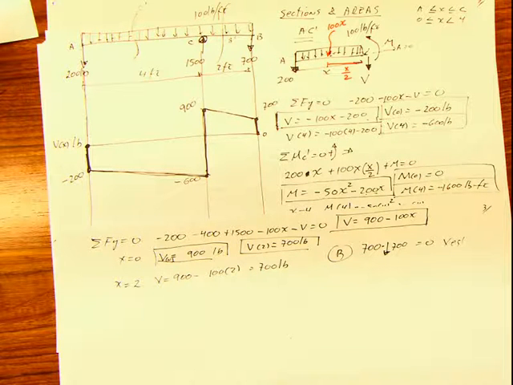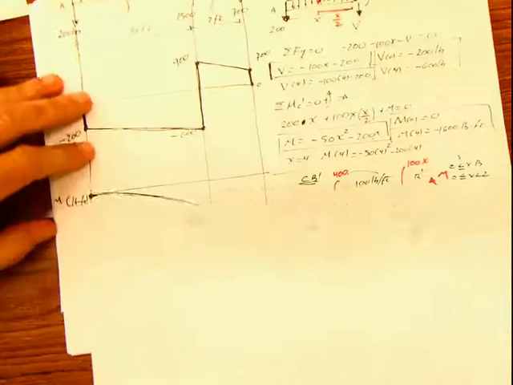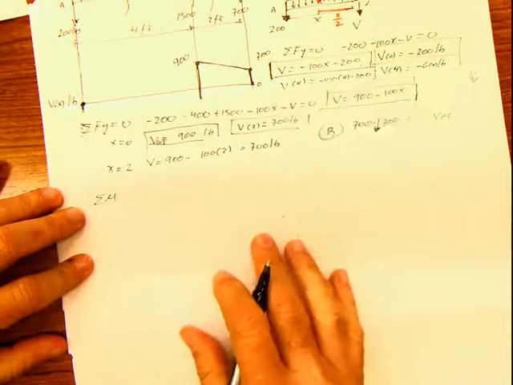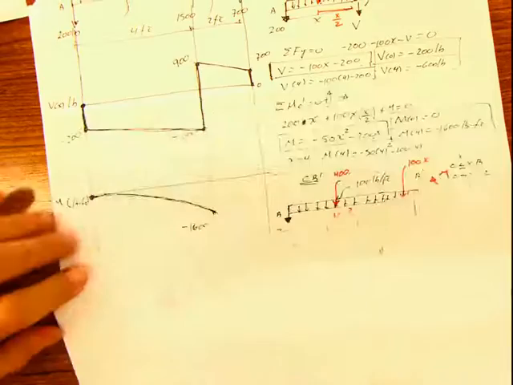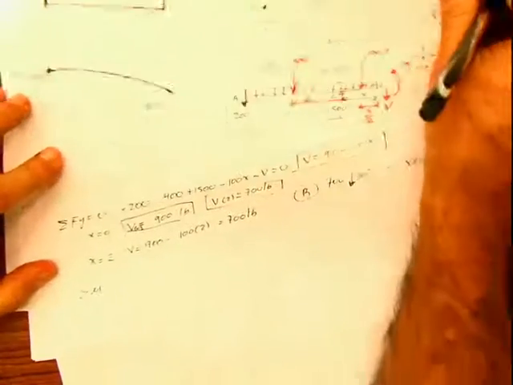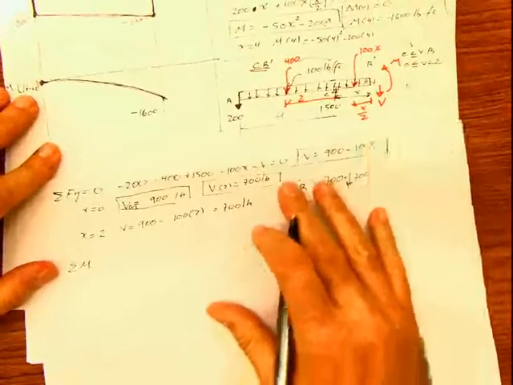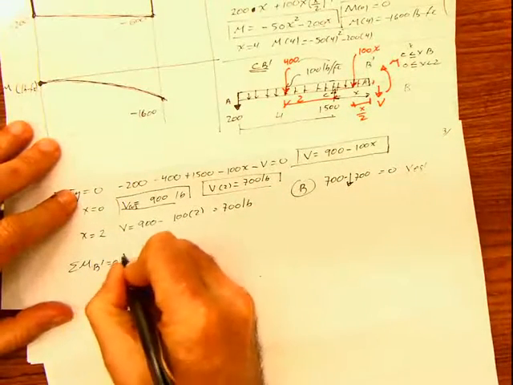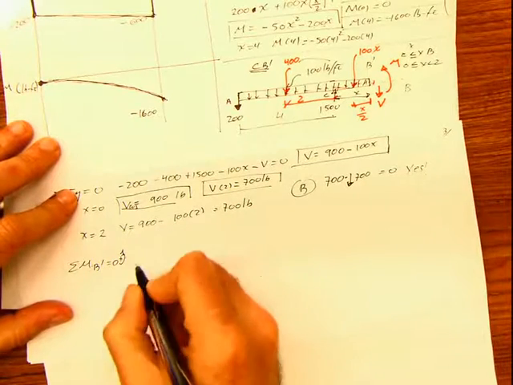Okay, so now we're going to do the moment in the same span. Summation of moments. Moments where? Well, I'm going to do summation of moments at B prime, which is this point, equals 0.